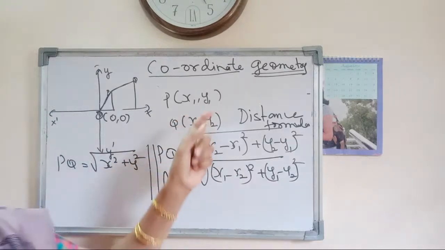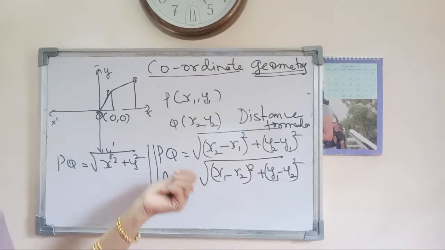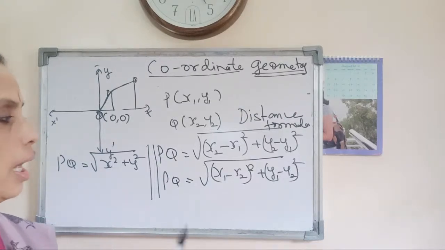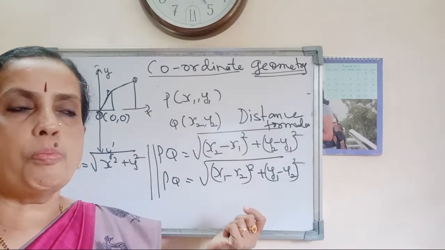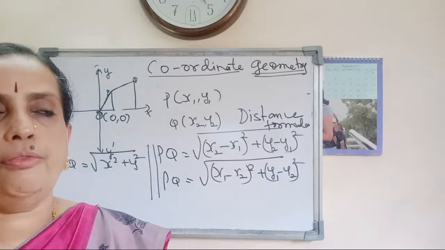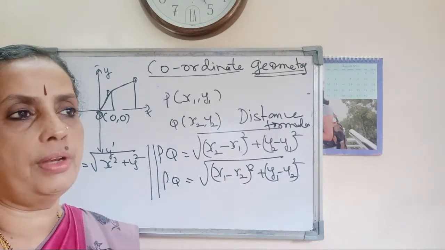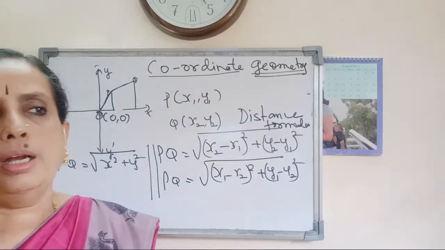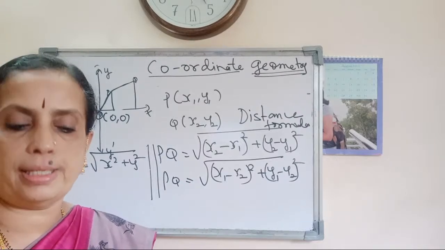So please note down the formula, the first formula in this chapter, coordinate geometry, where we can find the distance between any 2 points on a Cartesian plane. And this formula is applicable when 2 points are equidistant from the x-axis point, or if we know the distance, we can find any one point in the ordered pair, and we can find the point on the y-axis, point on the x-axis.